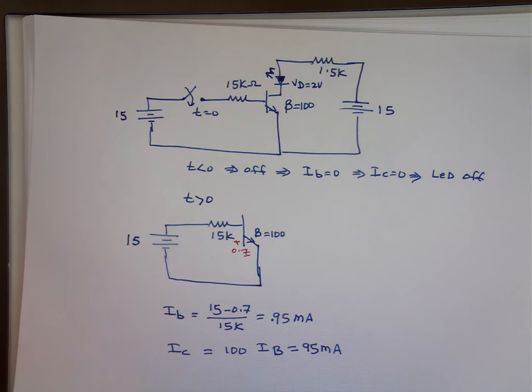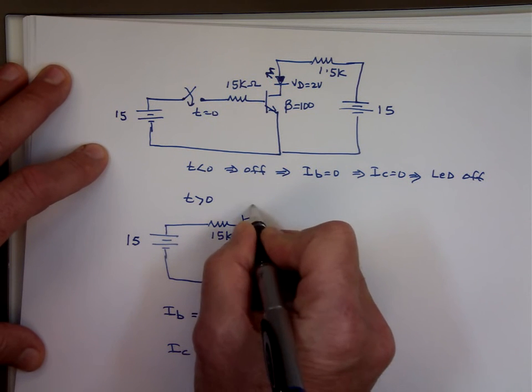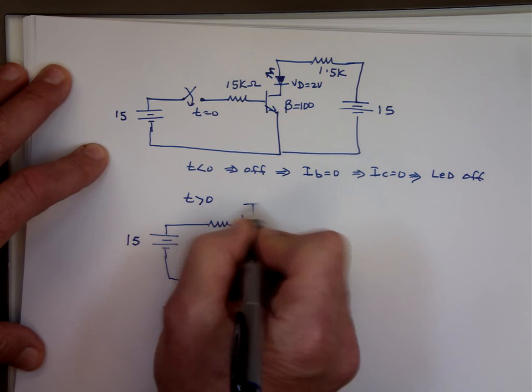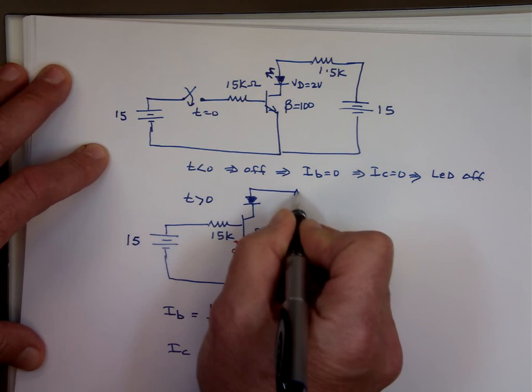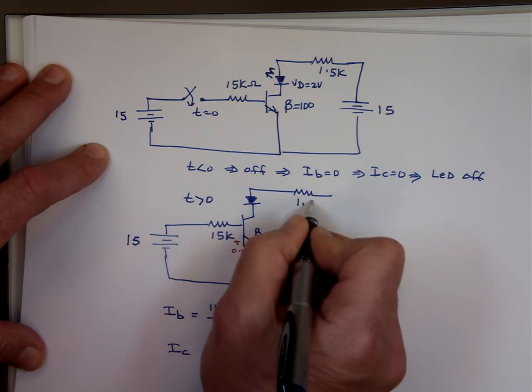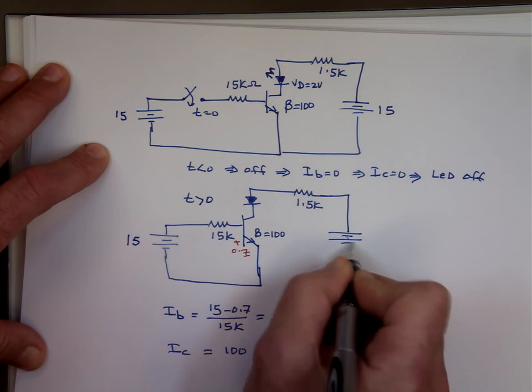So VCE, what's VCE? Here's the LED. Current's going to flow through that. The LED is going to be on. This is 1.5K. This is 15.